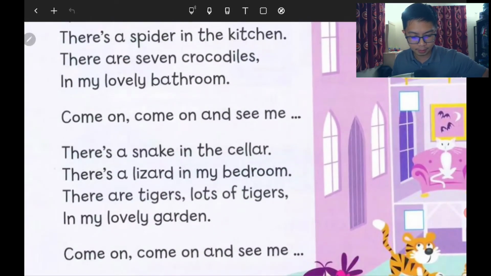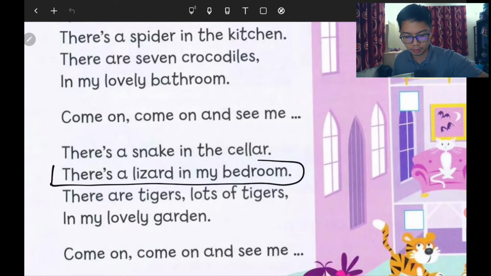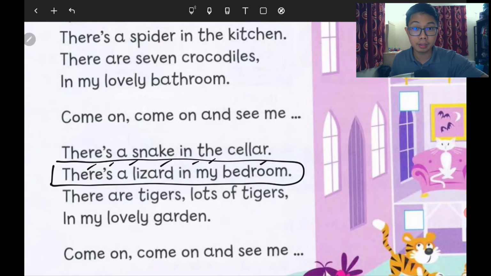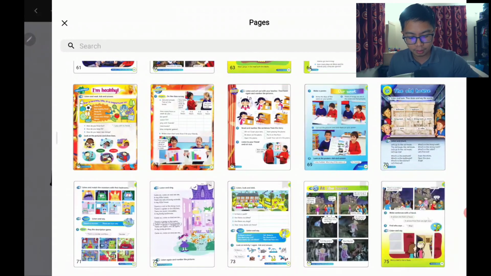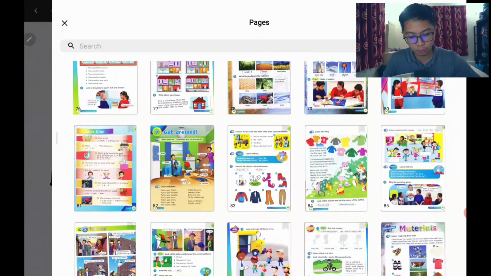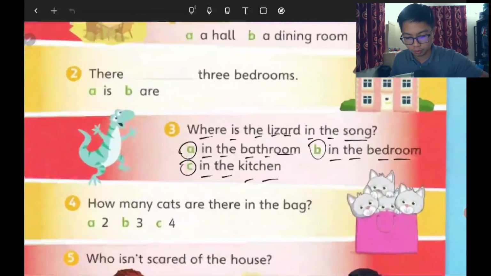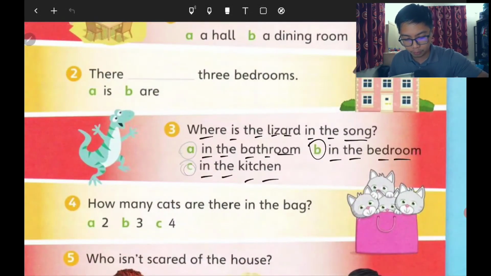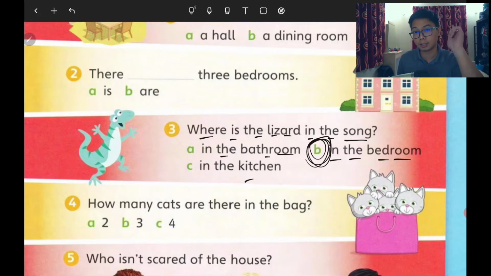And the answer is right here. There's a lizard in my bedroom. Bedroom is the answer. So what's your answer just now? If you answer bedroom, your answer is correct.